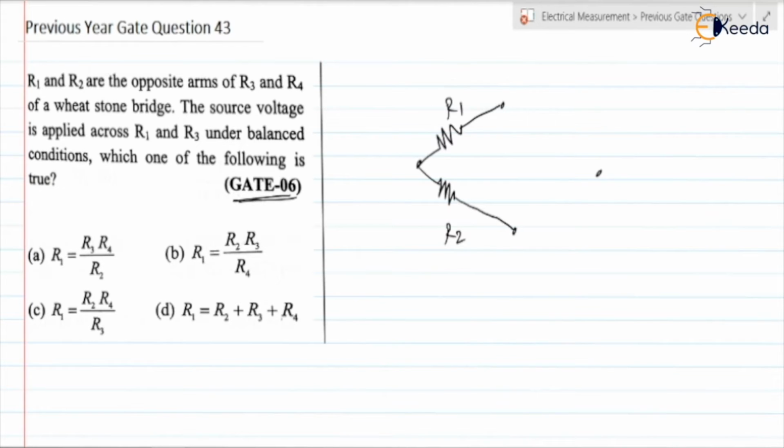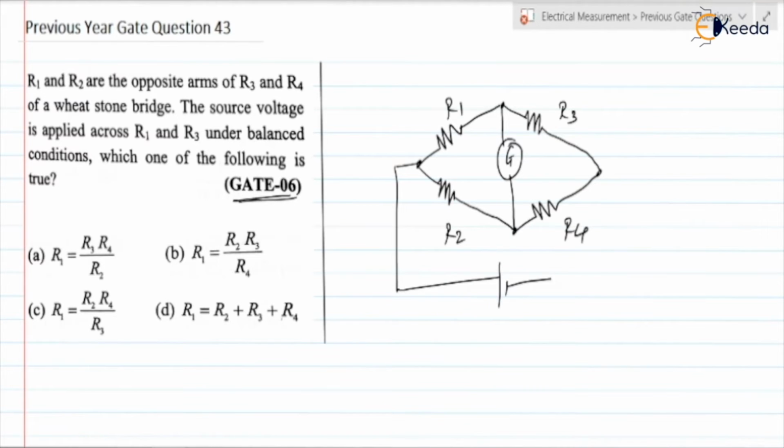Opposite to R1 we are having R3, and similarly here it is R4. Next, this is the galvanometer, and here we are having the supply which is connected across R1 and R3, right? So this type of bridge circuit we are having.